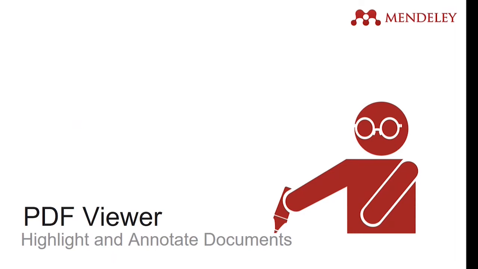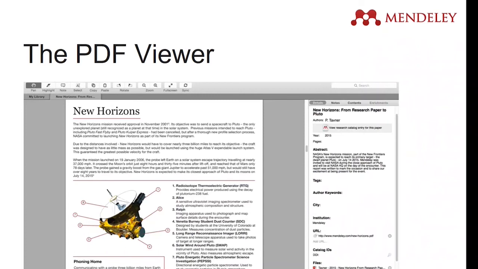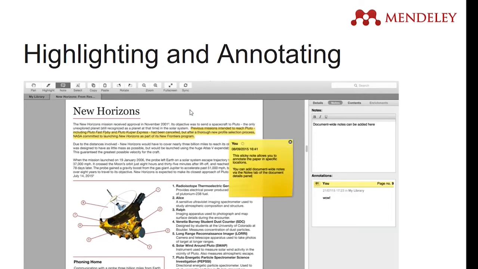Okay, so now we are in the PDF viewer features in Mendeley Desktop. So you can use highlight and also annotate a document, something that a librarian will never allow a user to do, to use a highlighter on their books. Okay, so in this PDF viewer, you can just click on the highlight button and you can add notes, and also click select articles to do highlighting.